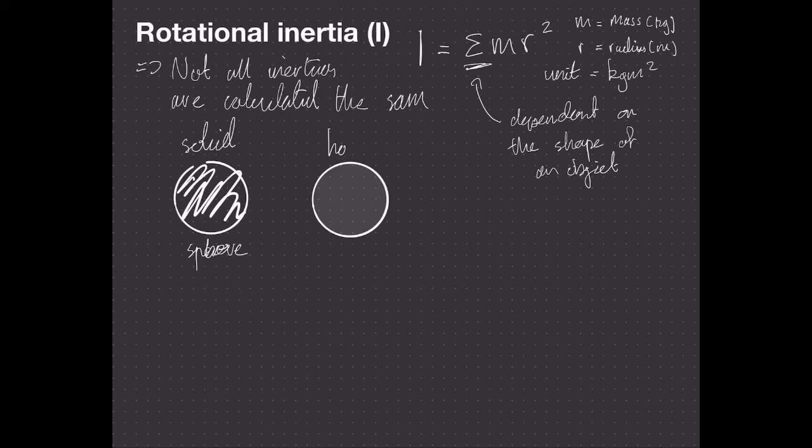And my hollow sphere. The base of the equation, mass times the radius of the spheres, are the same. We're going to assume that these two spheres have the same radius and a similar mass, even though the hollow sphere would have that mass distributed around the outside.